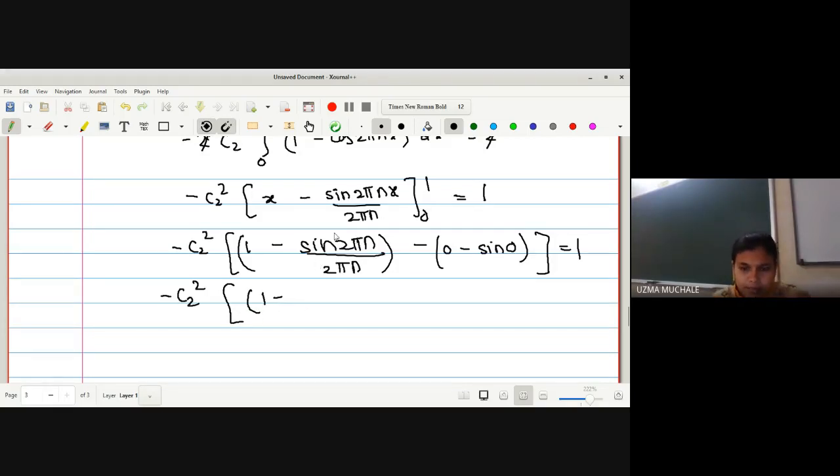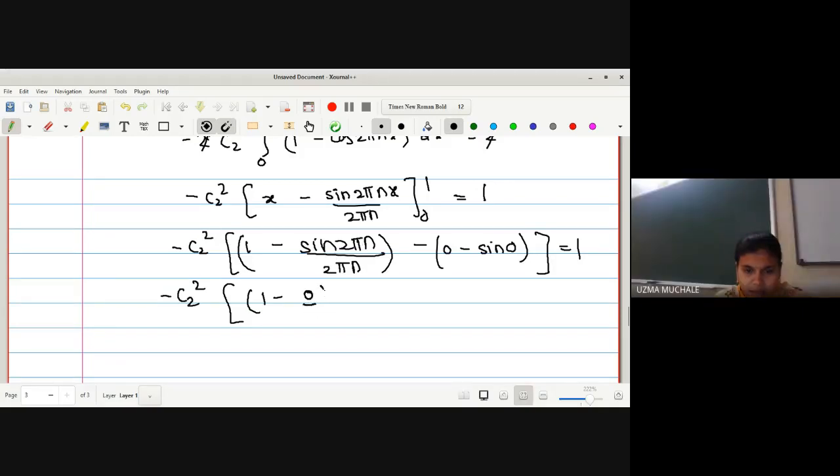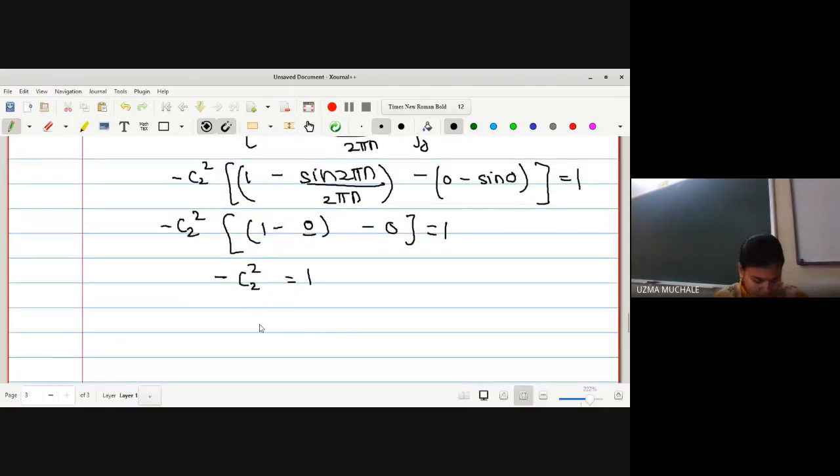It is 0. If it is 0 divided by things, again it will be 0, 1 minus 0 is equal to 1. So hence we get the result minus C2 squared into 1 is equal to 1. So in here we get C2 squared is equal to minus 1.